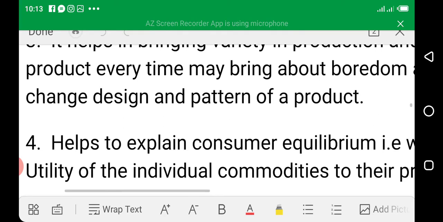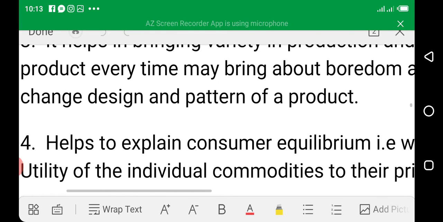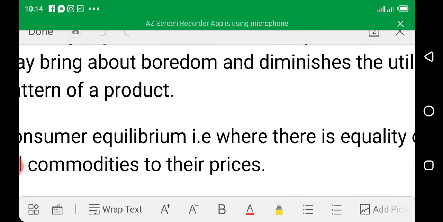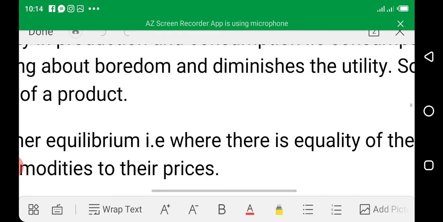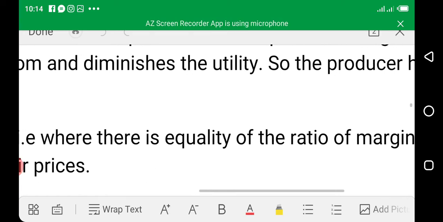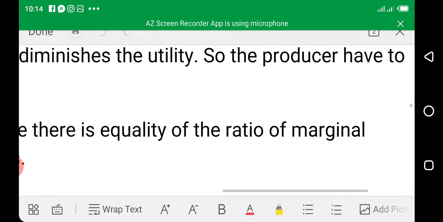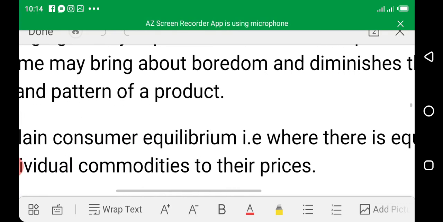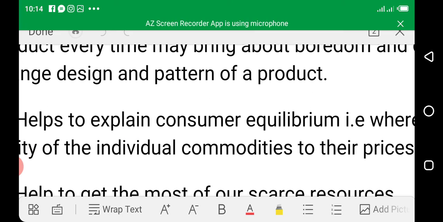This is why the producer has to change the design and pattern of a product to attract more buyers.